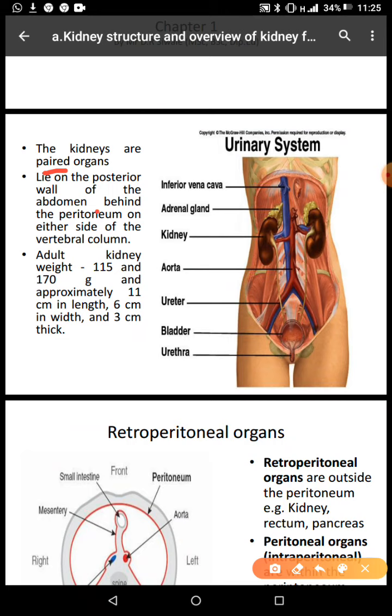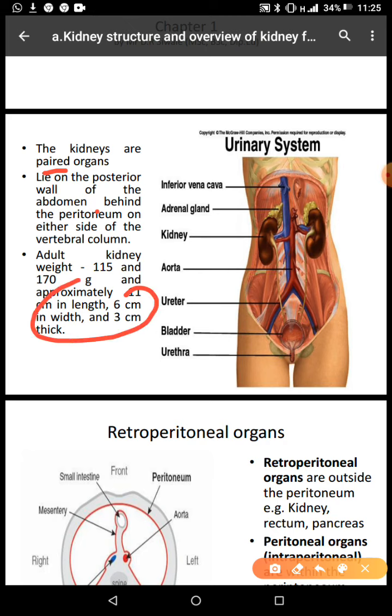If you remember, the peritoneum is a serous membrane lining the cavity of the abdomen and covering the abdominal organs. The adult kidney weighs about 115 to about 170 grams.